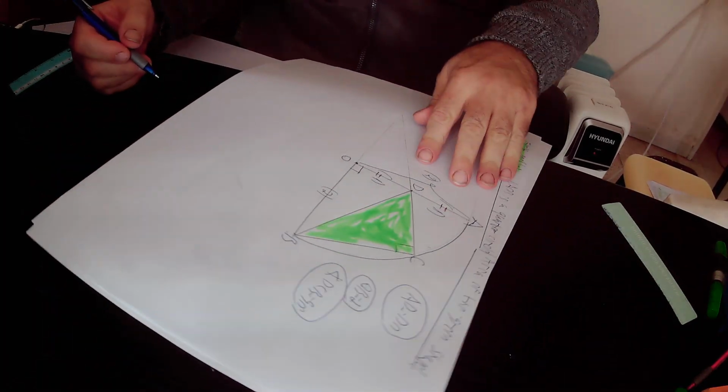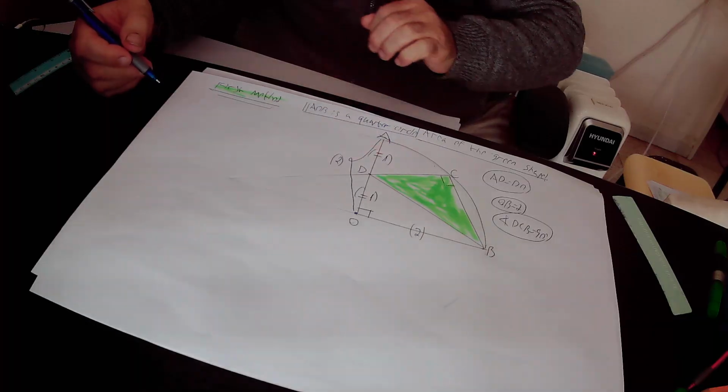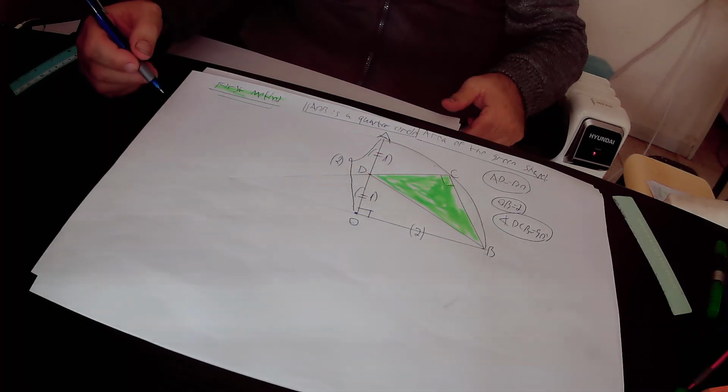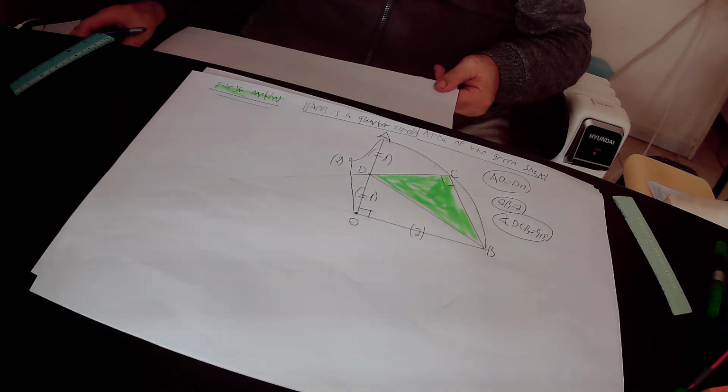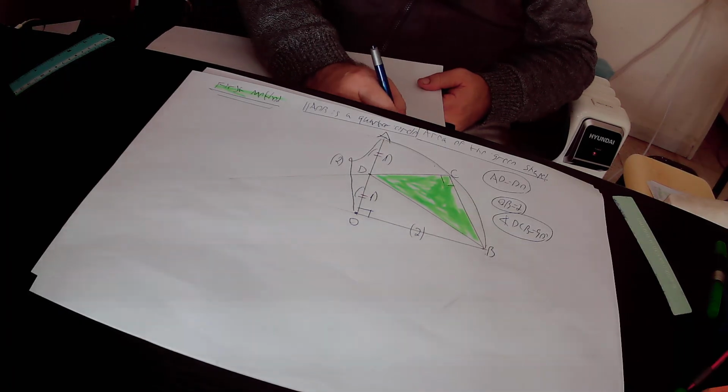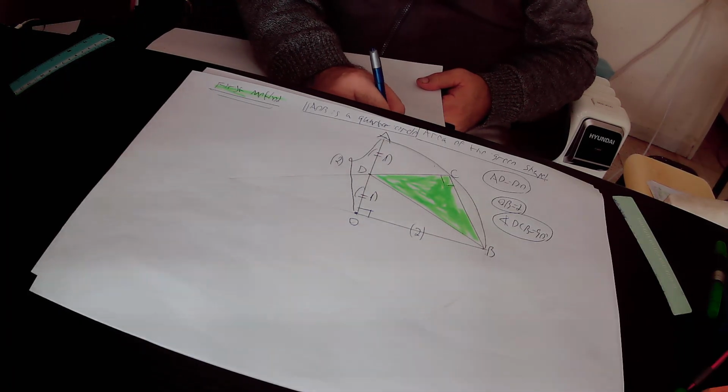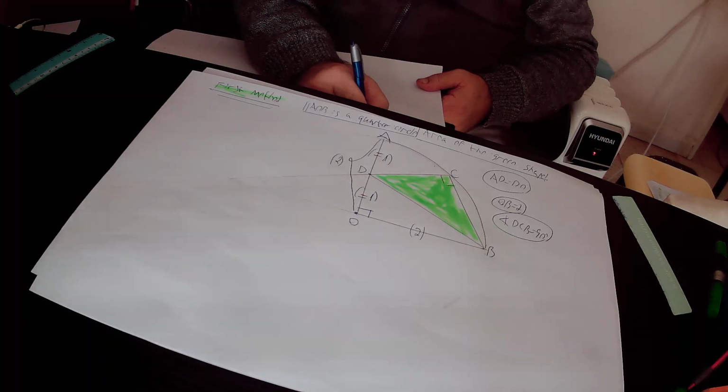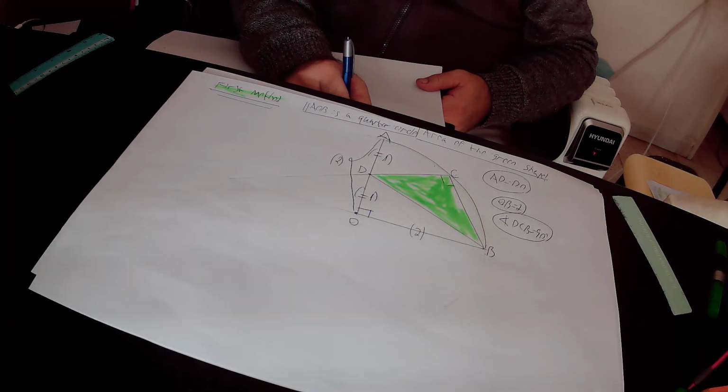In the next step, we implement the Pythagorean theorem on this right triangle DOB.